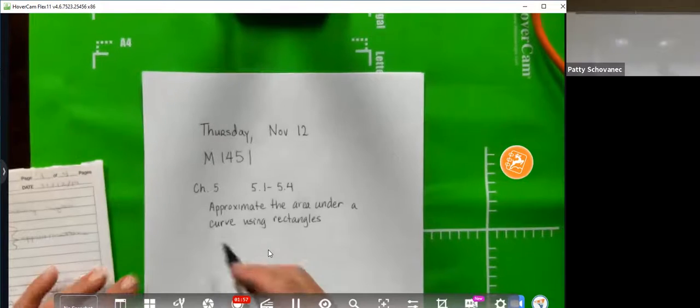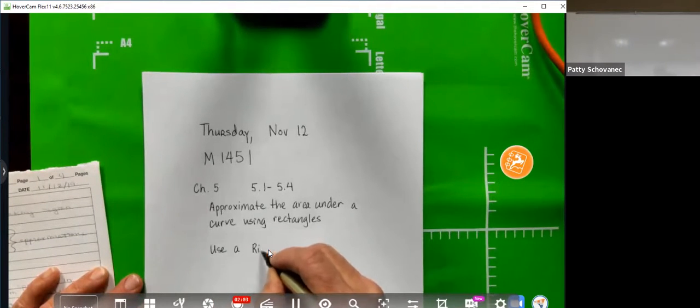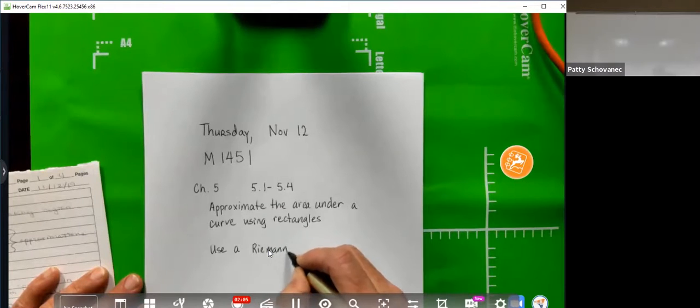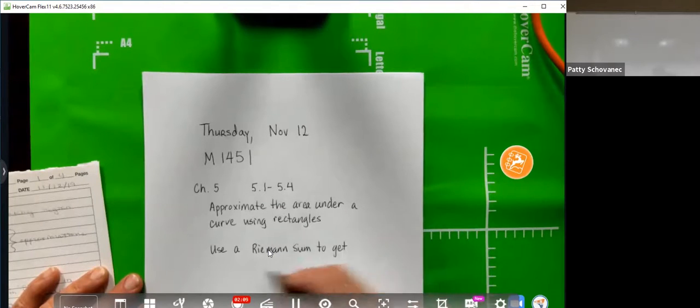And then we're going to expand upon this, and use a Riemann sum to get the actual area. And then we're going to use a definite integral to get the actual area.